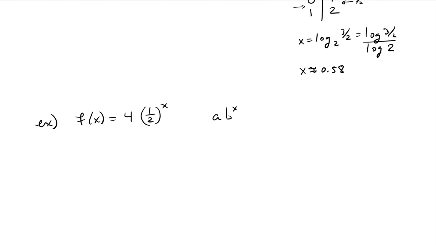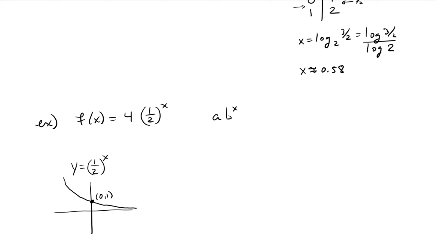But maybe I want to show you through the eyes of transformation of functions what the 4 does to it. Now, if you recall that if we start with y equals 1/2 to the x, because b is less than 1, this is a function that decreases like that. And this is the y-intercept.